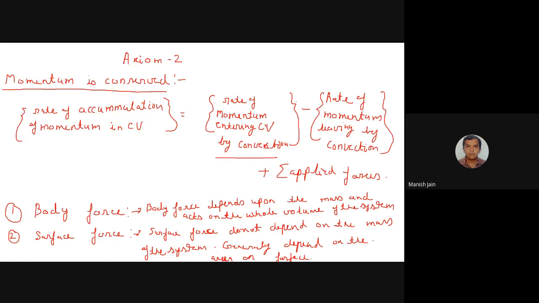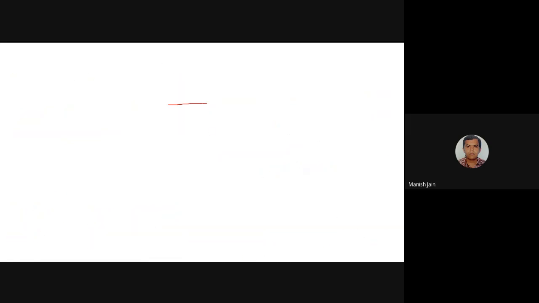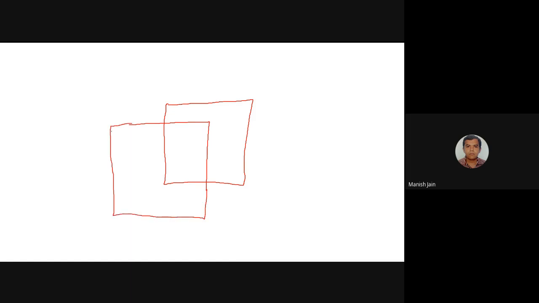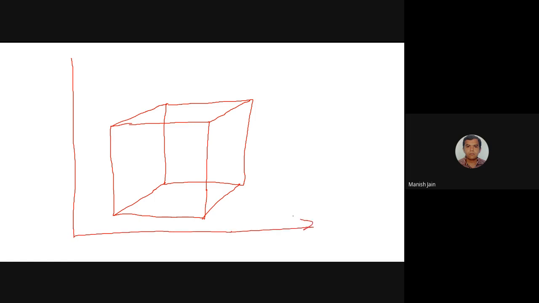Suppose you are making a cube, or rectangular control volume. This is the x direction, this is the y direction, this is the z direction.